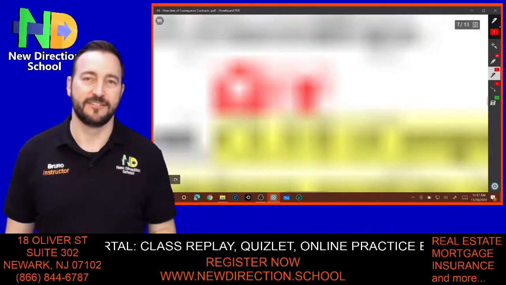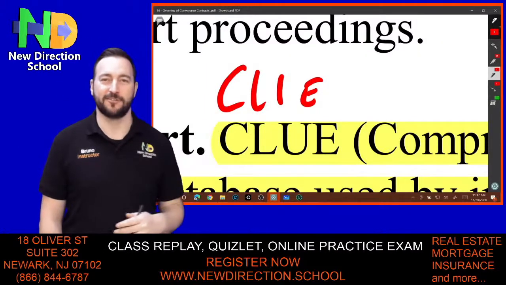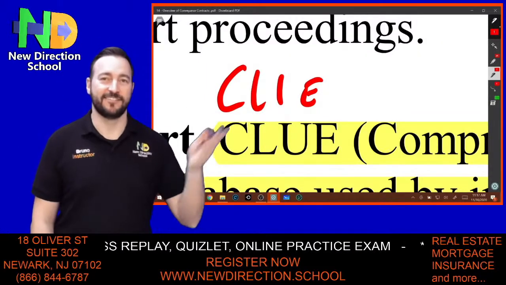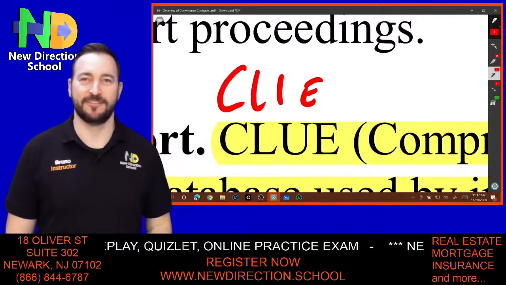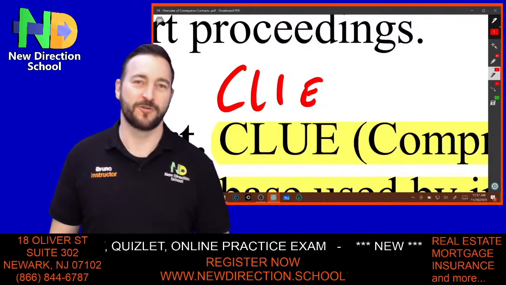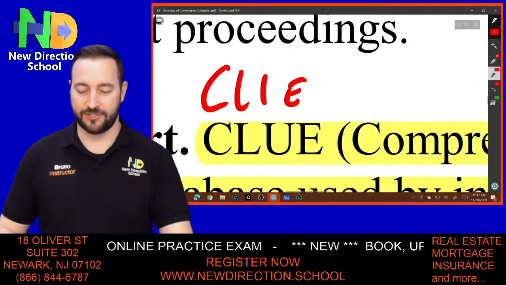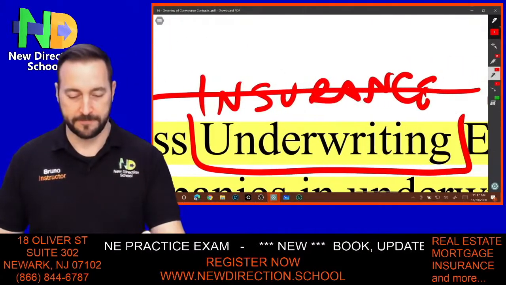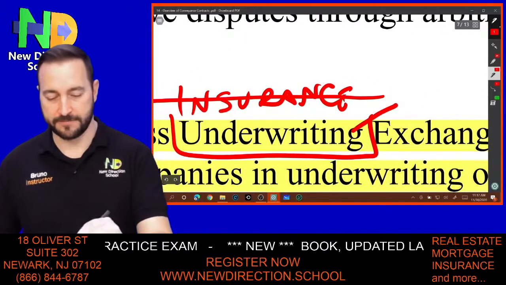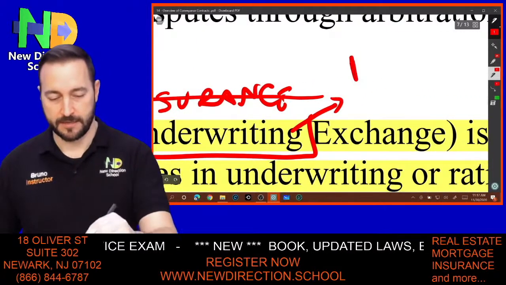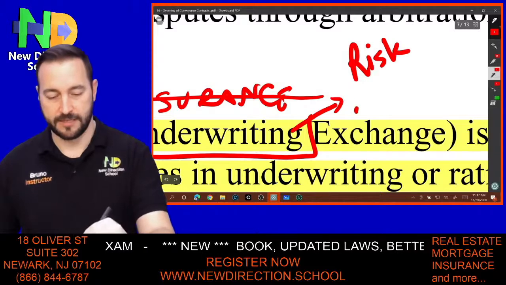Think about it. Like ballet or something. You're doing plie, right? This is plie over here. Doesn't even sound right. So CLUE. If you got no clue, it's a comprehensive loss underwriting exchange. Underwriting means risk assessment.